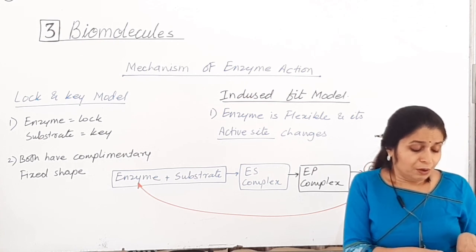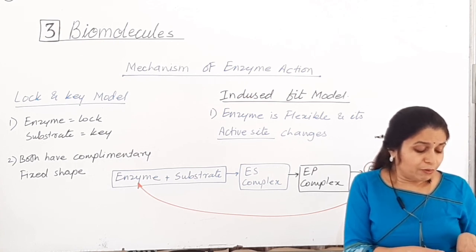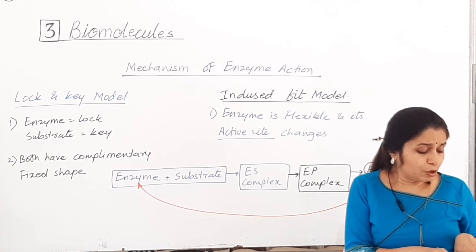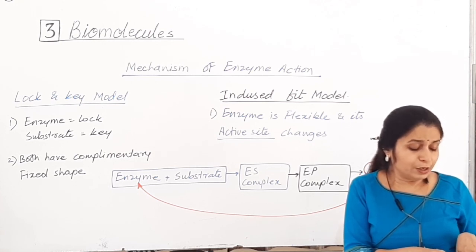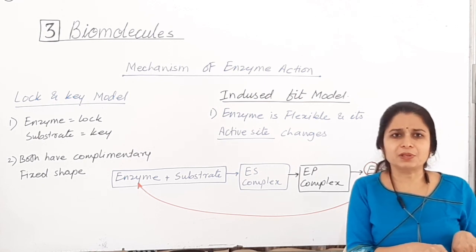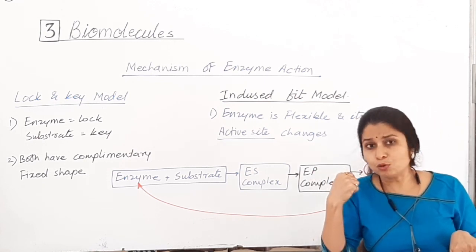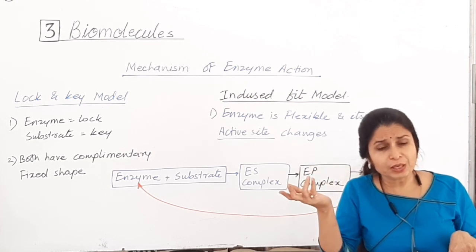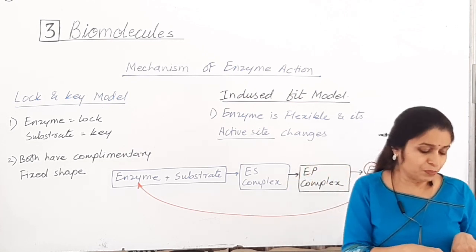However, whether it is an exothermic or spontaneous reaction or endothermic or energy requiring reaction, देखिए ये डिपेंड करता है. एनर्जी अब्जॉर्ब होगी अगर एंडोथर्मिक रिएक्शन है, एनर्जी रिलीज होगी अगर एक्सोथर्मिक रिएक्शन है, राइट.